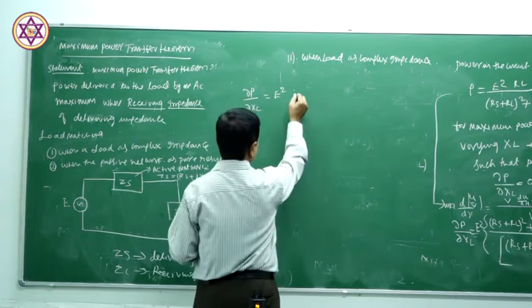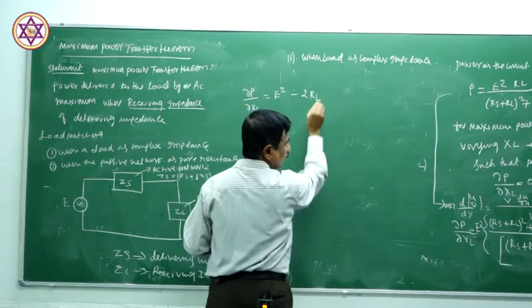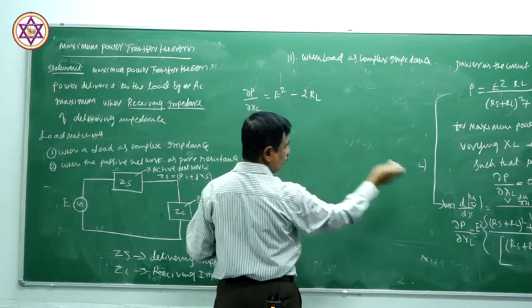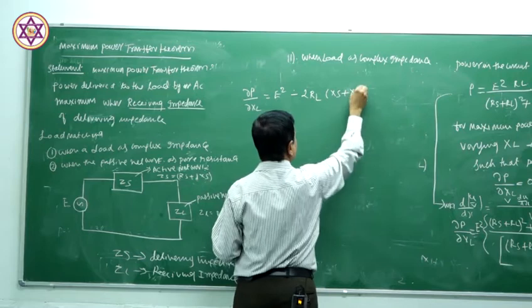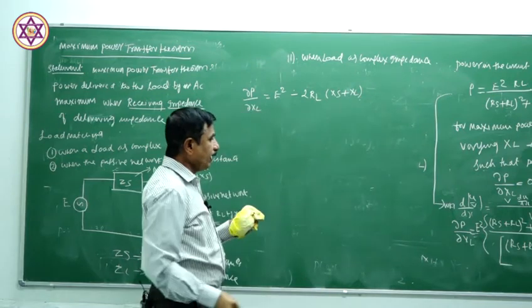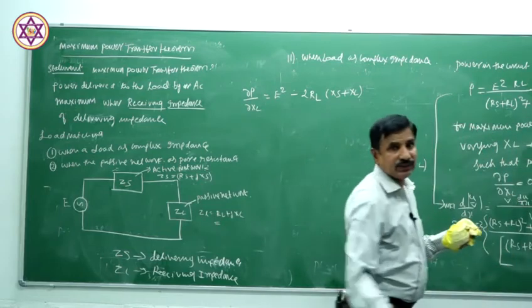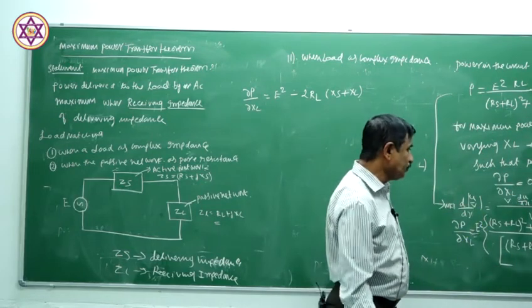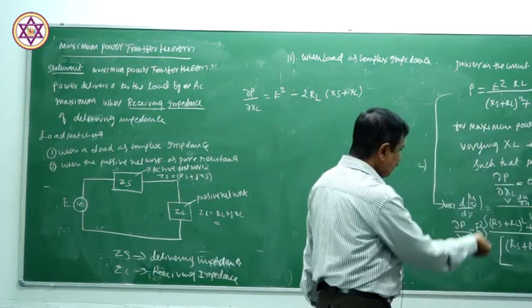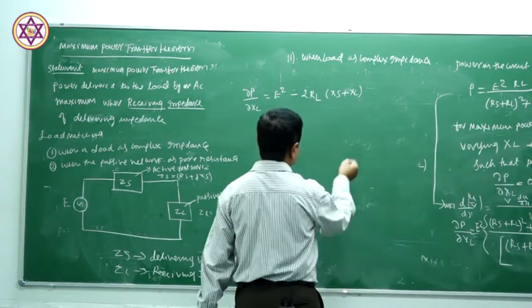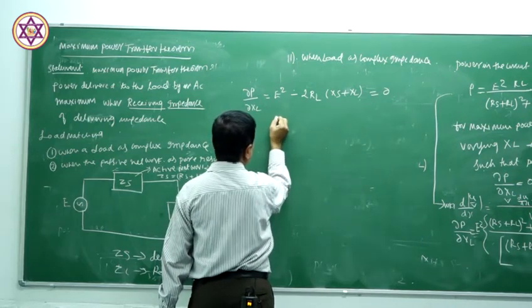So the thing left is minus RL into 2 times (XS plus XL), over the denominator. This is equated to dP by dXL equal to 0. Then the denominator, when I transfer, this becomes equal to 0. Therefore, we will be left with what?